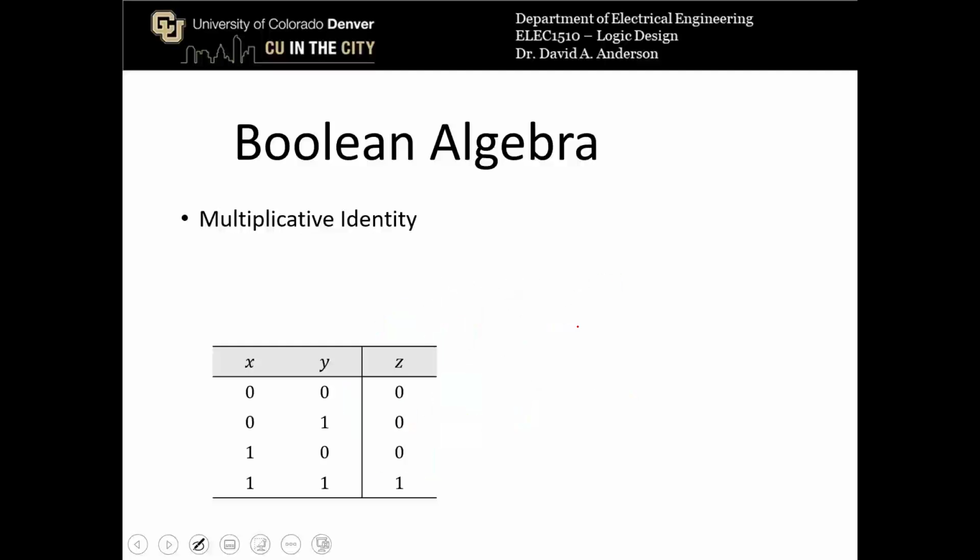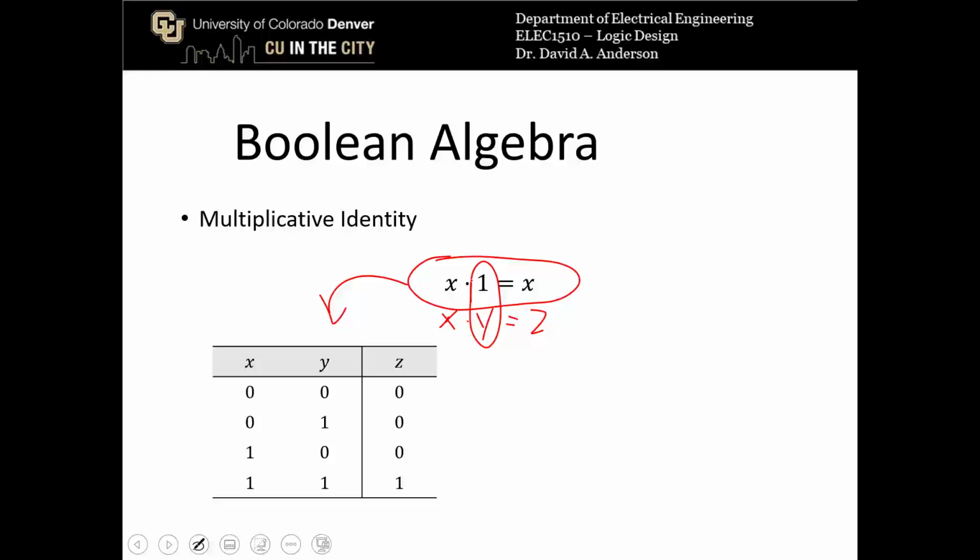Okay, the multiplicative identity of Boolean algebra says that x and 1 is equal to x. So let's prove this using a truth table. This is basically the function x and y equals z. So I'm going to look at the truth table for the function x and y equals z, but now y is equal to 1, and we'll prove that z is equal to x.